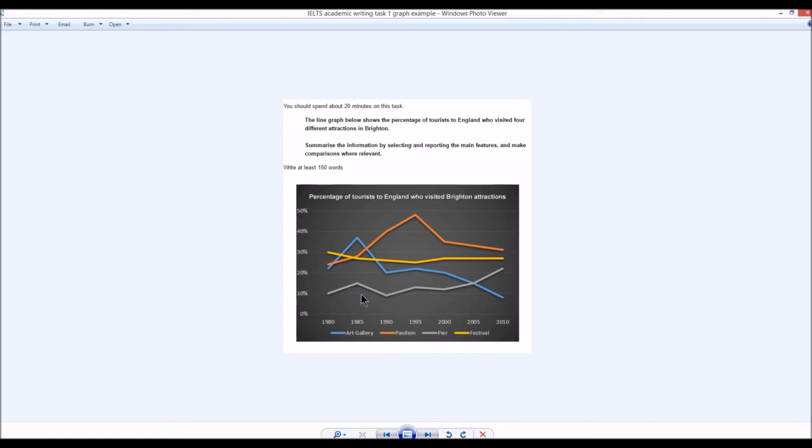Some people tend to use the same language. It's a rise, it's a fall, first it fell, then it rose, then it fell, then it rose, without talking about the rate or speed. For example, if we look at this one, pier, we can see, despite some fluctuations, the general trend is upwards.